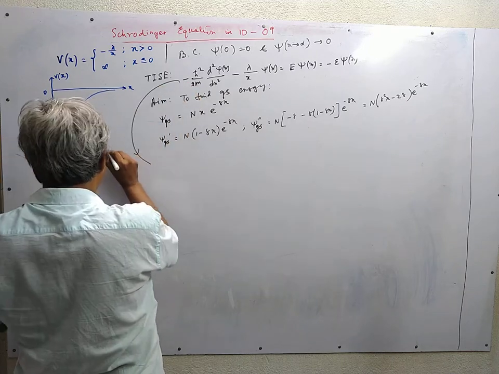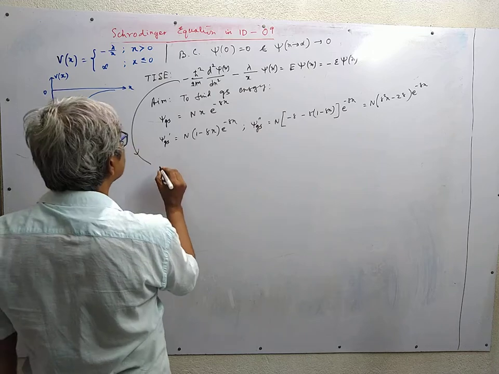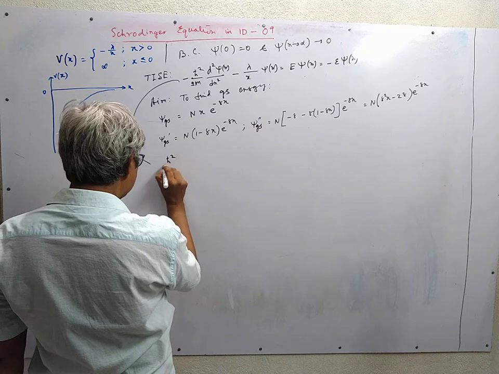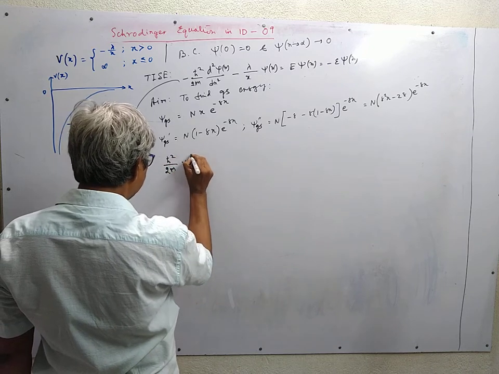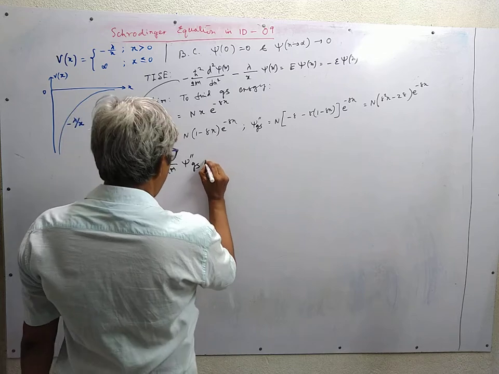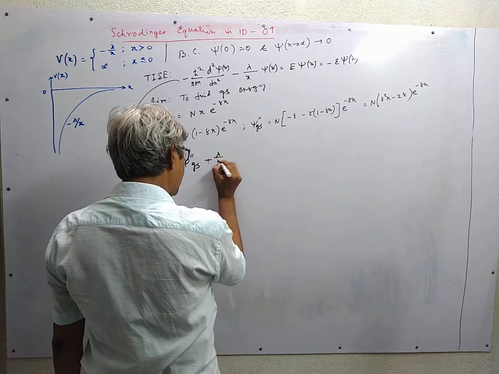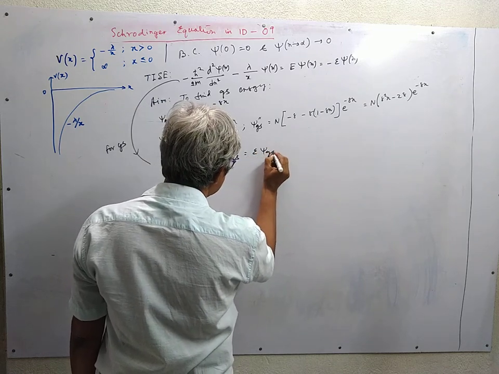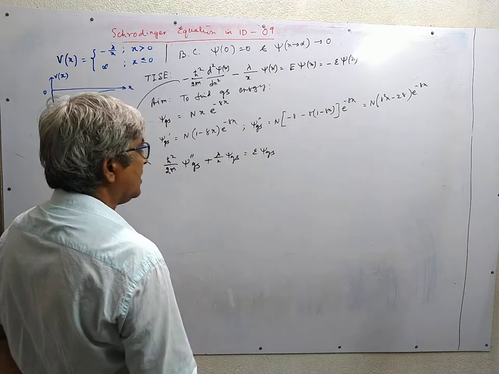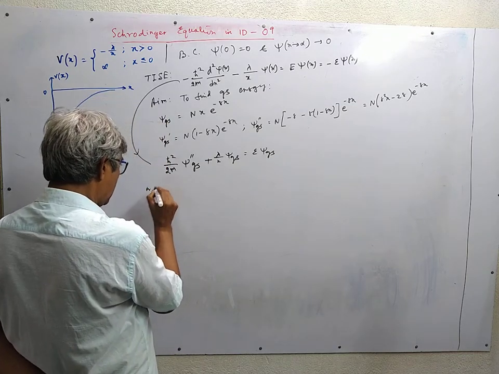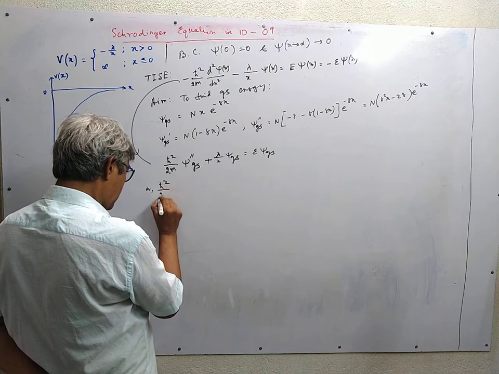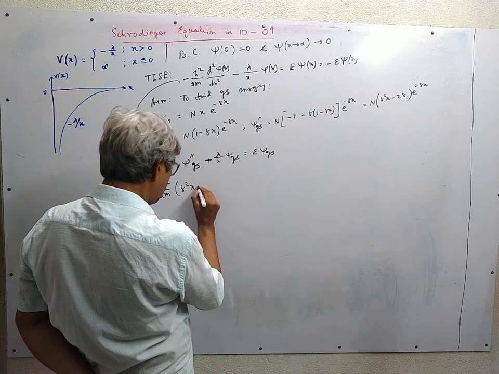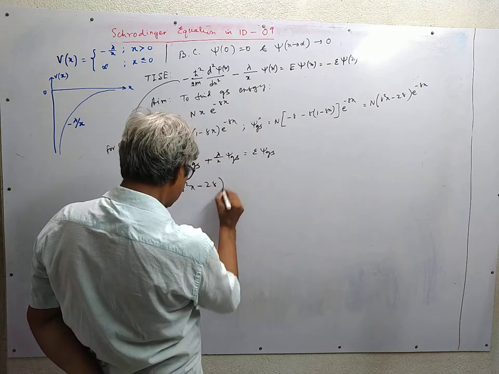This equation for the ground state becomes, this minus sign goes, minus h bar square by twice m, psi GS double prime, plus lambda by x psi GS is equal to epsilon psi GS.